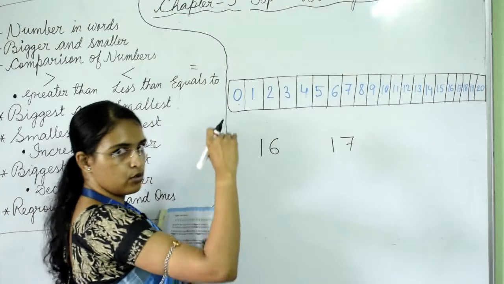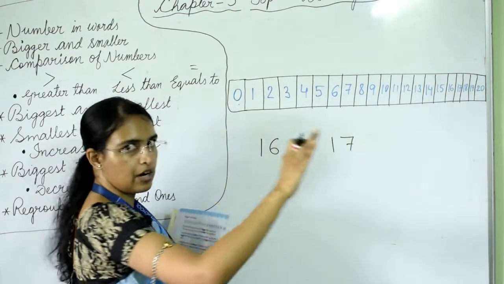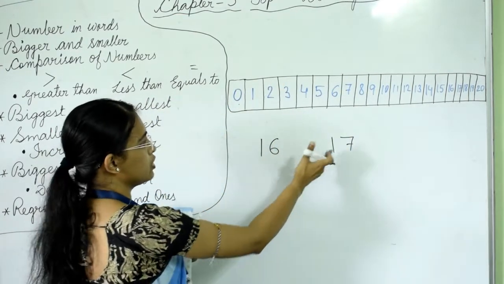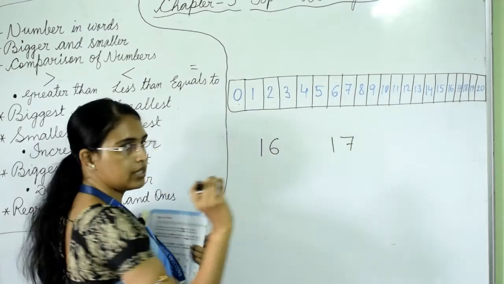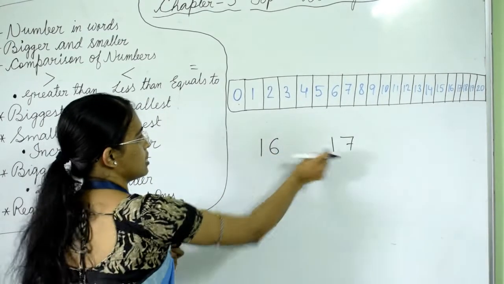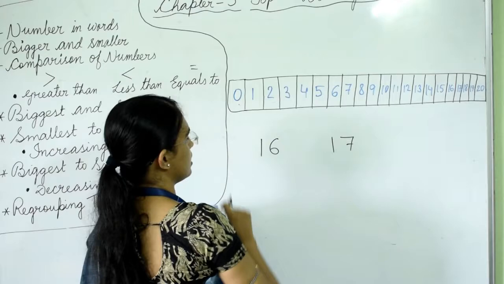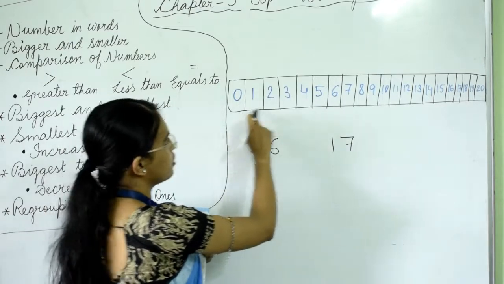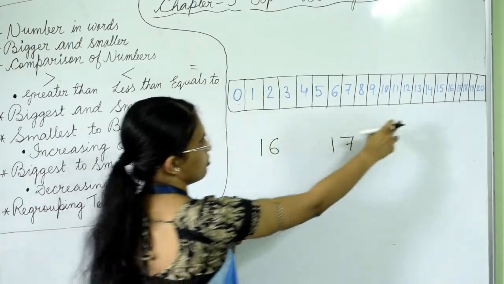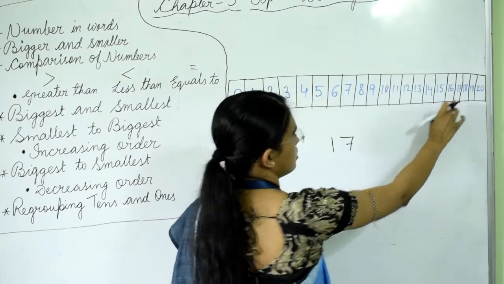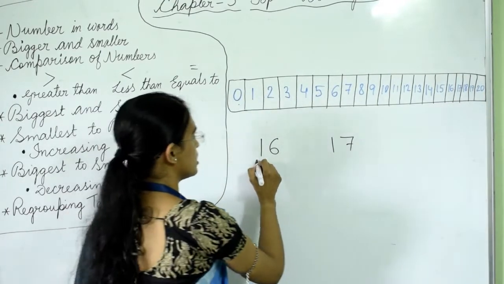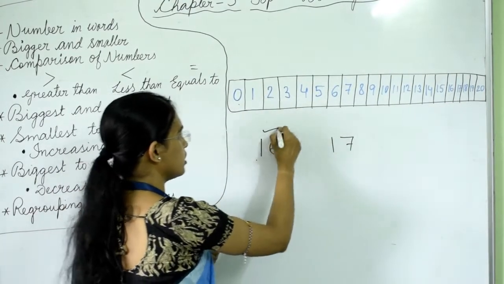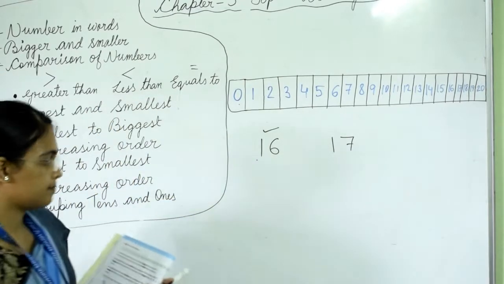Both are still far away from 0, right? But which is a little bit nearer to 0? 16 or 17? Yes, 16. Why? Because when you count from 0, 16 will come first. After that 17 will come. So 16 is near to 0, that means 16 is smaller than 17.